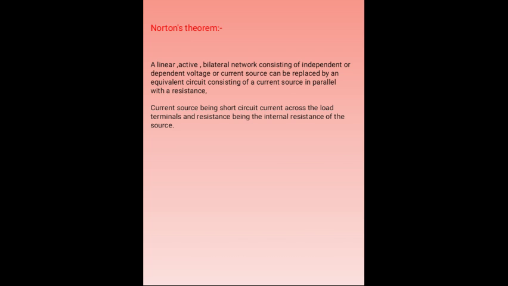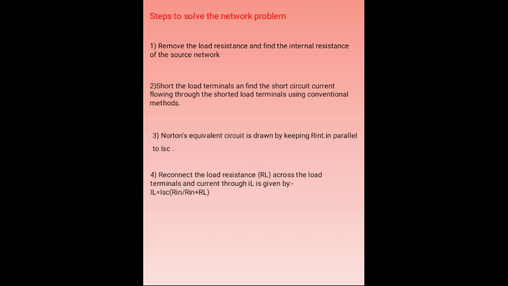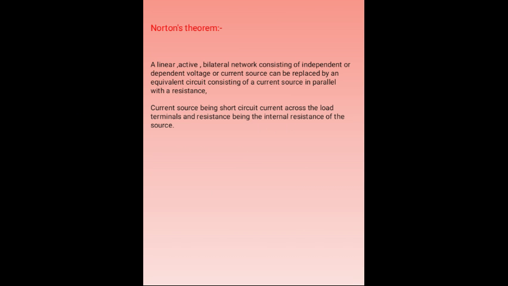Third is bilateral elements. Bilateral elements are those elements whose response is independent of the direction of excitation. It means the response of these elements does not depend on the direction of excitation. And the next term is dependent source.